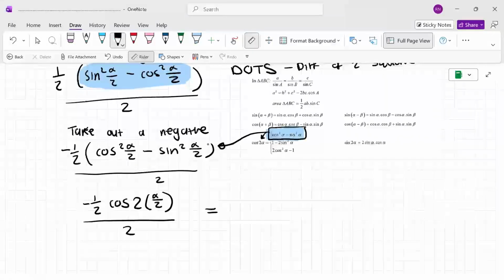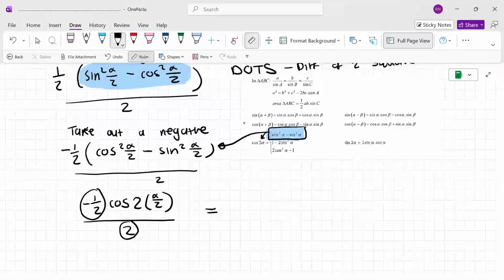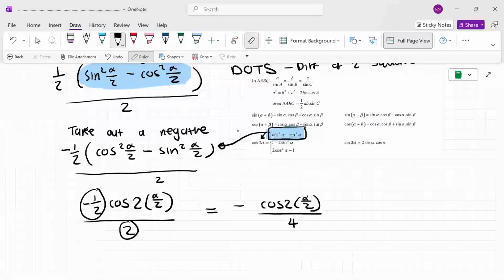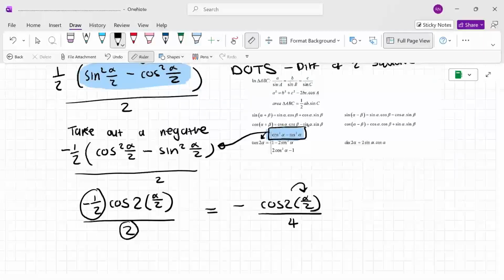And I'm going to put that over 2. If I do negative a half over 2, that just gives me 1 over 4. So it'll be minus cos 2 times alpha over 2, over 4. Then we multiply that 2 in, which will be 2 times alpha over 2, which is just going to be alpha.